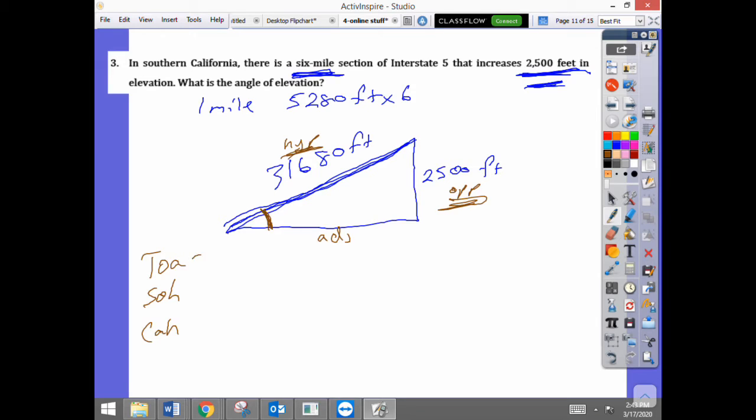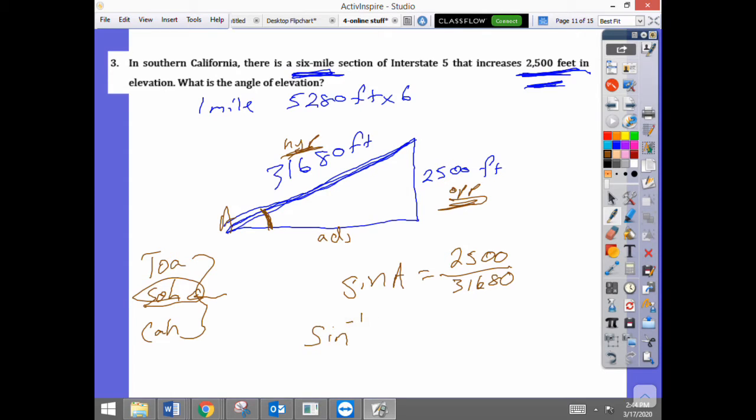What uses opposite and hypotenuse over here? It is the SOH. So I can say the sine of this angle, let's call it A. Sine of angle A is equal to opposite over hypotenuse.